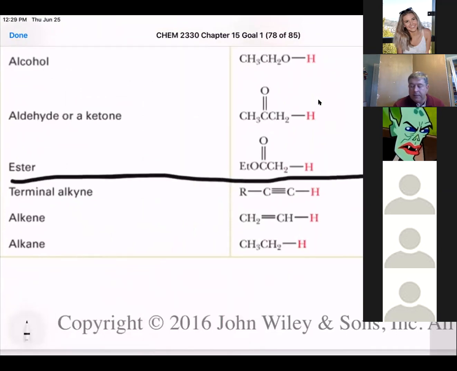And the least acidic of these protons here is the one that's next to an ester. So it's next to a single carbonyl, and it's next to the ester here, in this case an ethyl group, so it's the OEt right here. Because this oxygen has electrons on it, it decreases the acidity of these alpha protons.